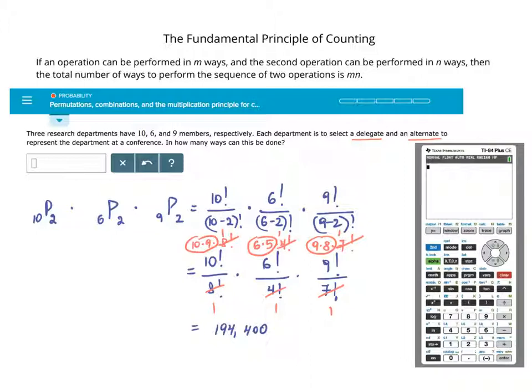At this point, I would like to take a look at how to compute something like this using a calculator. Go to Math, Probability, choose the second option.